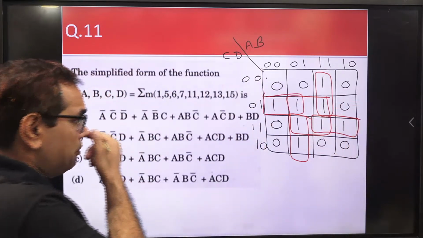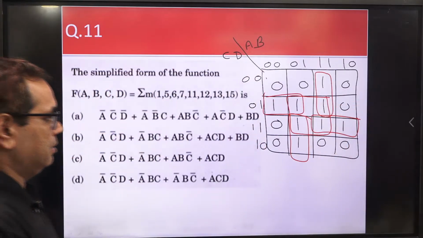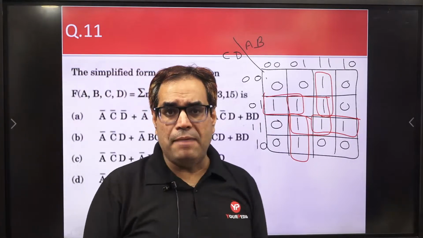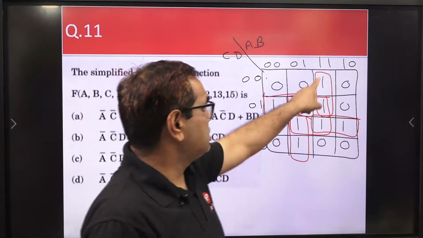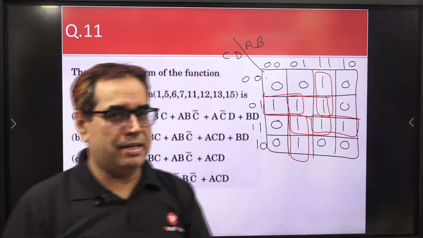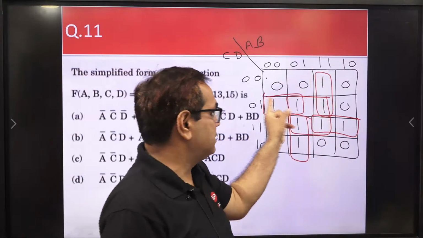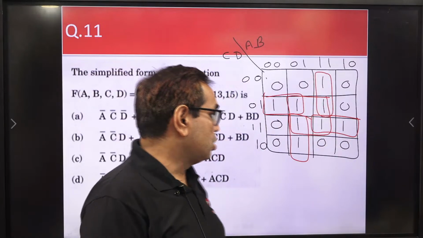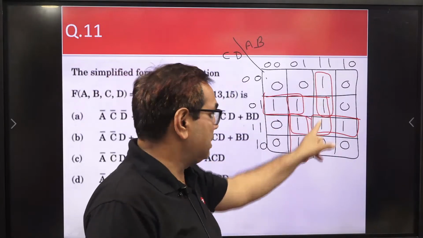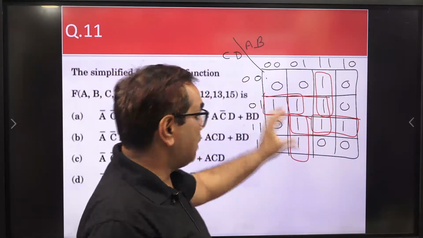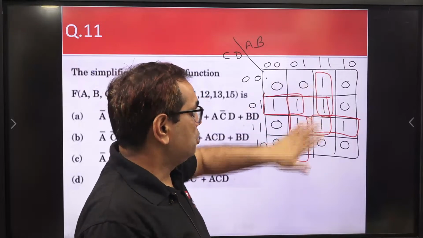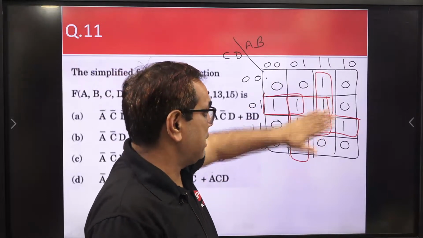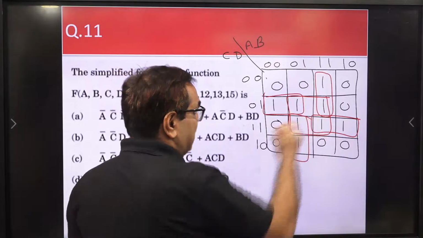So there are a total of 5 prime implicants. Of these, the pairs are essential prime implicants. Since all the ones of this quad have been covered by the EPIs, this becomes an RPI. So this quad becomes redundant.